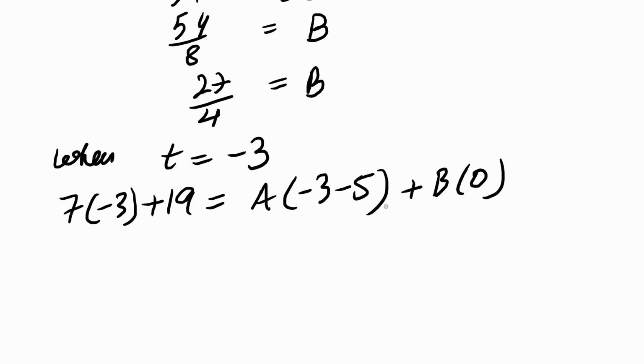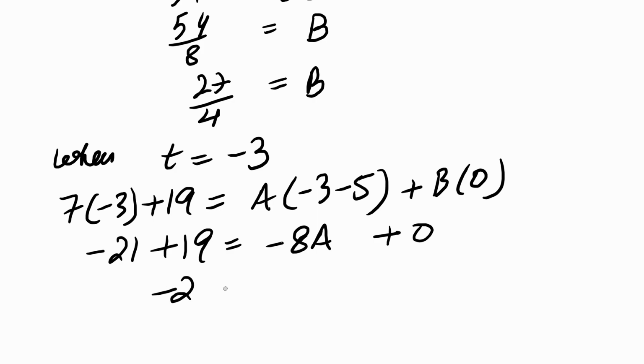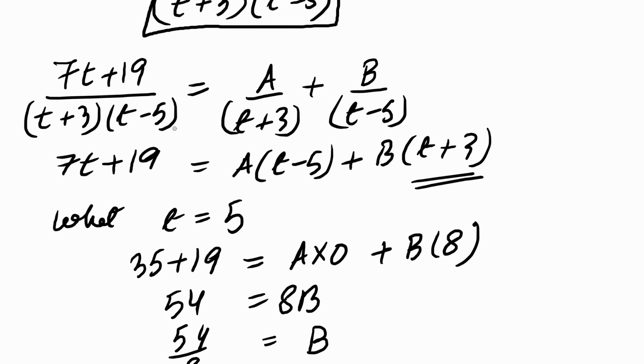So what will I get here? 7 into minus 3 is minus 21 plus 19 is equal to minus 8A plus 0. So this will become minus 2 is equal to minus 8A. So this will become A is equal to 1 by 4. So how can I write this?